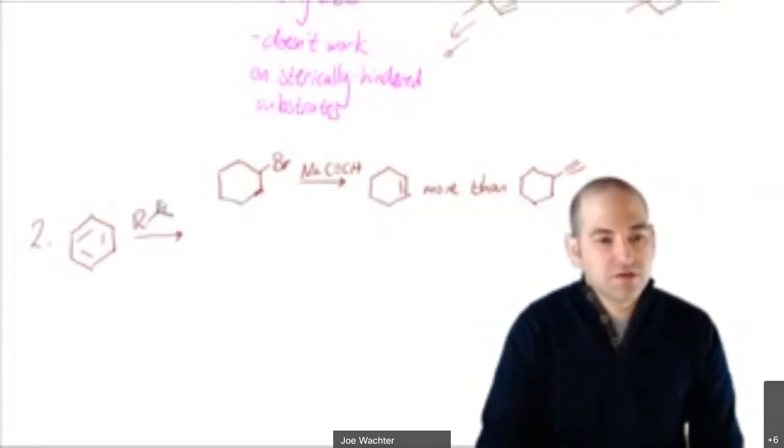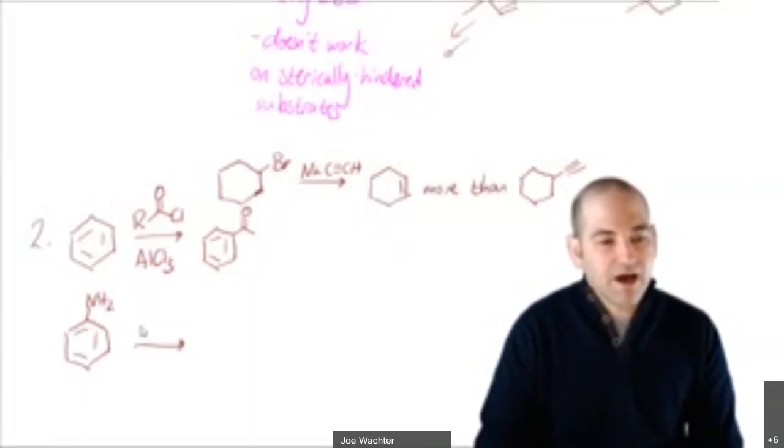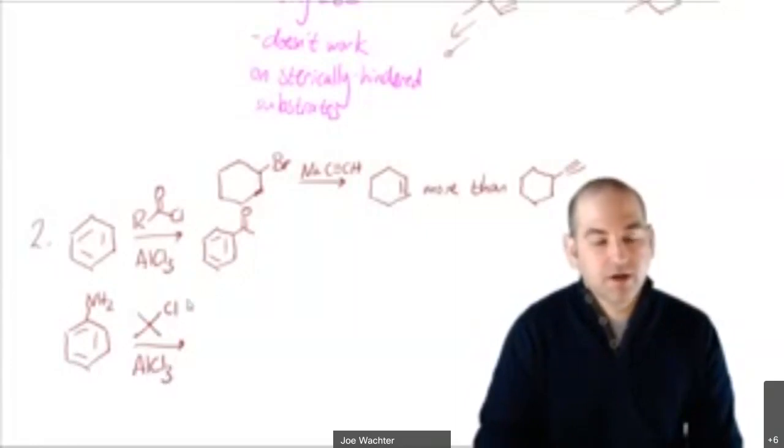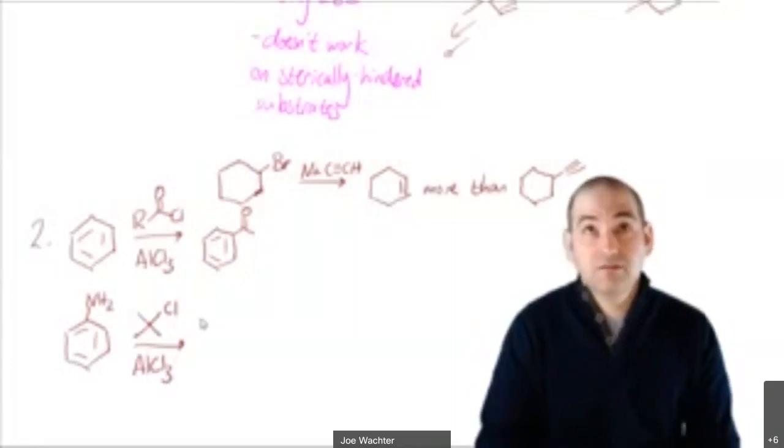So we can use acyl chlorides with aluminum trichloride to do that. We can also do it with alkyl groups, but we have to be a little bit careful. There's a little bit more limit there. You can look that up again in chapter 9, 10, 9, I don't remember. The aromatics chapter, 9, I think.